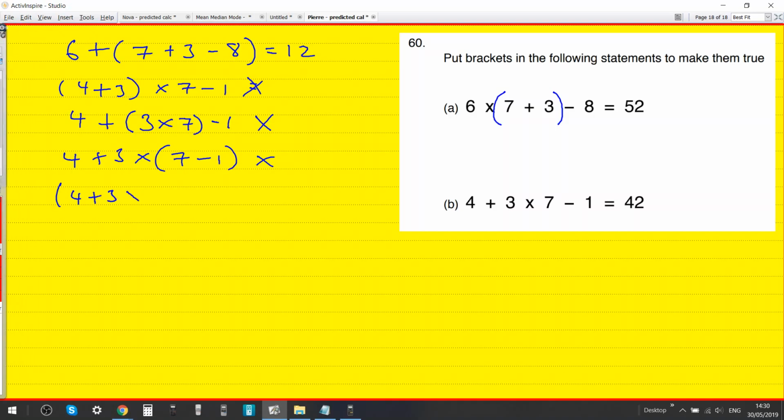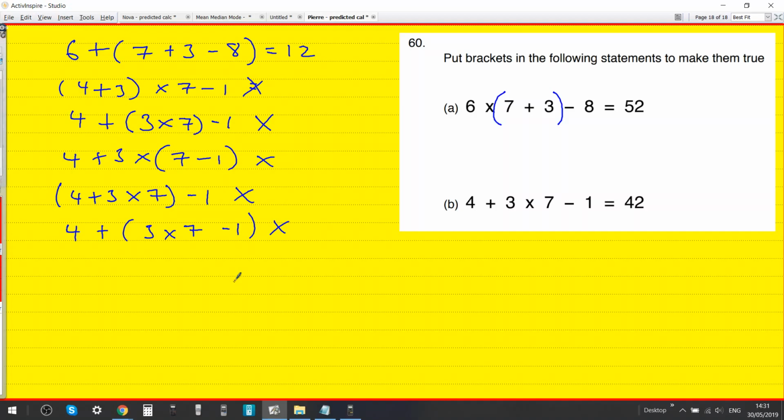Yeah, 4, 3, and 7. Okay. And now I'll do 4 plus brackets 3 times 7 minus 1, close brackets. Still wrong. Yeah, that didn't work either. 24. Because that's everything then.